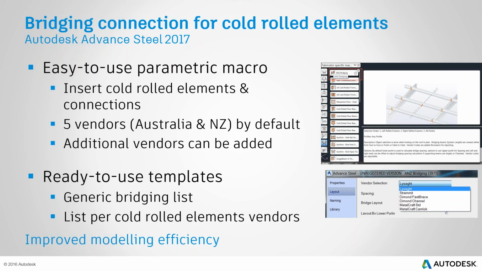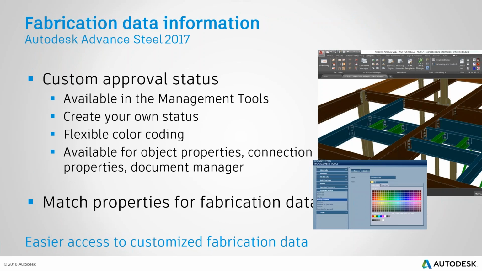It's not an optional download; it is inside the product. You can see the vendors there: Lysaght, Stramit, and Metalcraft. These ready-to-use templates are already in there, and they are database controlled as well, so you can make changes and modify them to suit your own project.